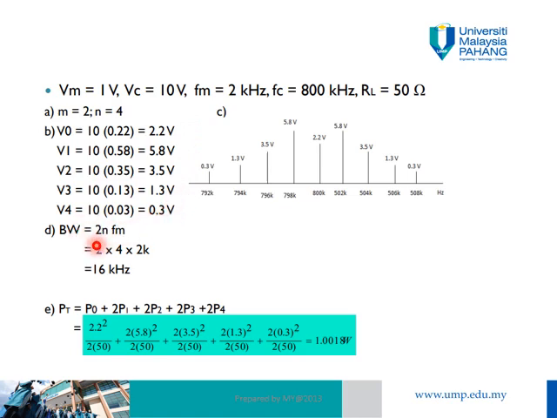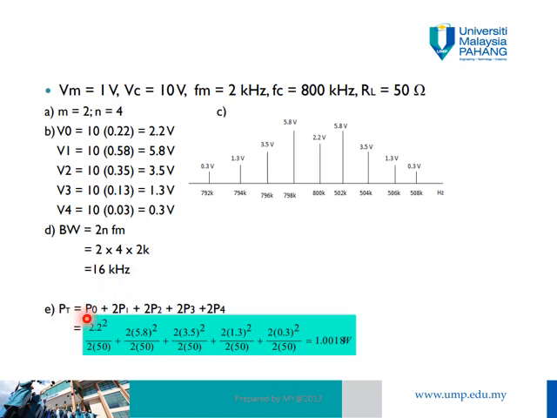So from this, bandwidth is 2n Fm. n equal to 4, Fm is 2 kilohertz. So from this equation, we input the value, then we get the bandwidth equal to 16 kilohertz.